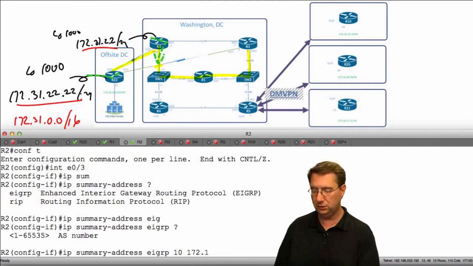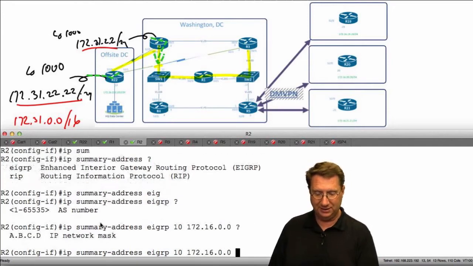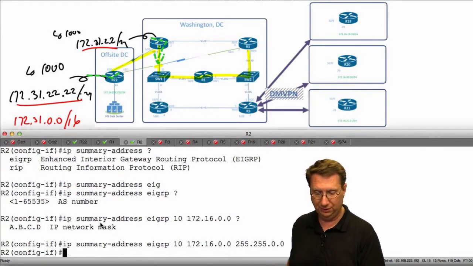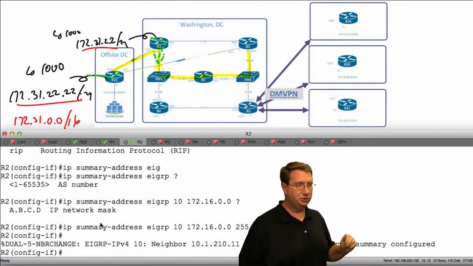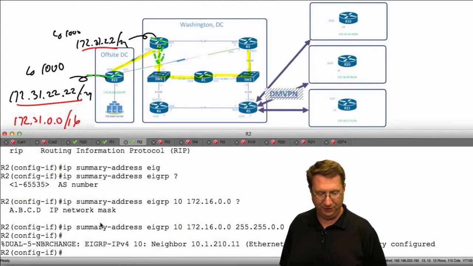So it's going to be 172.16.0.0. I want to advertise this as a /16, so it'll be 255.255.0.0. Now, with that being done, I'm going to resync my link. Everything should come back up with regard to my configuration.